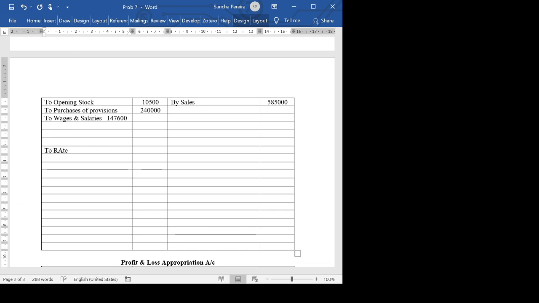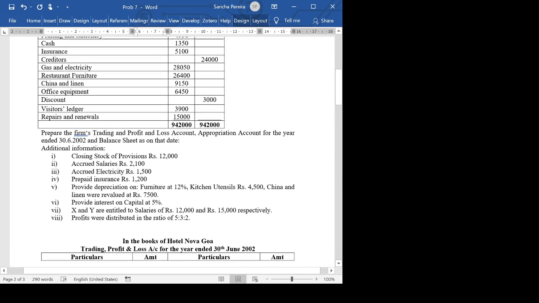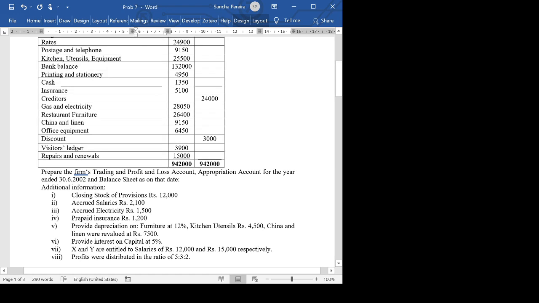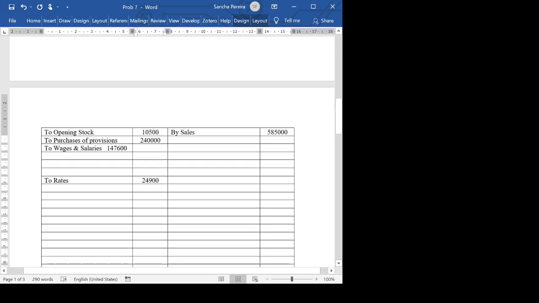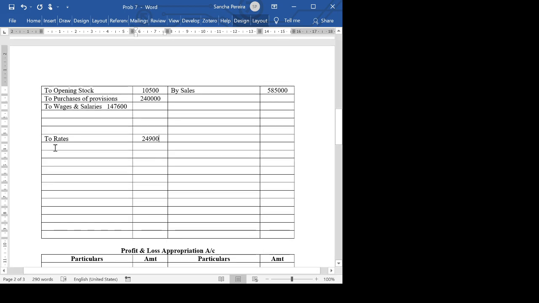To rates, 24,900. These are expenses in the profit and loss account, rent and rates. Postage and telephone, 9,150.